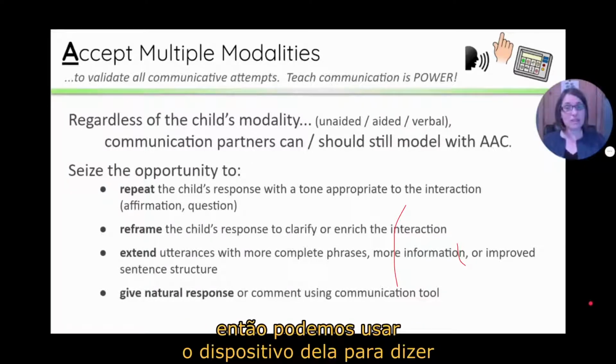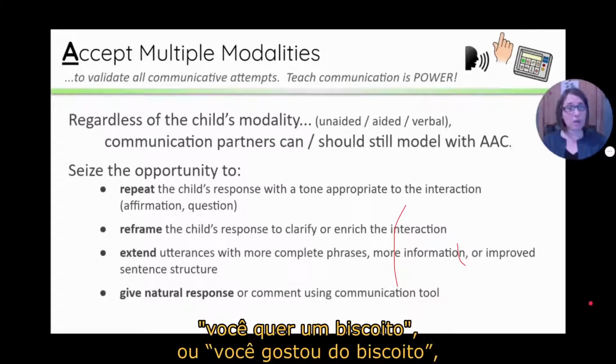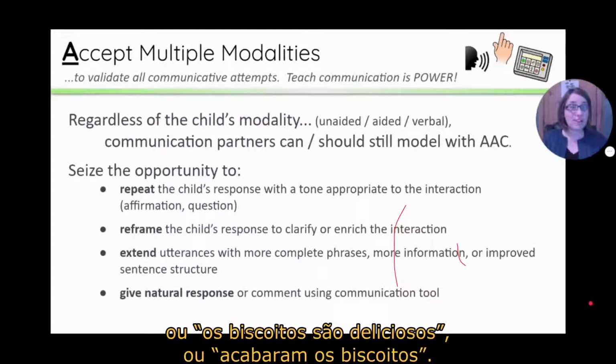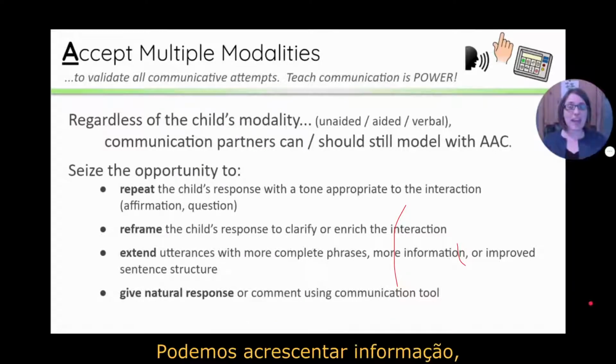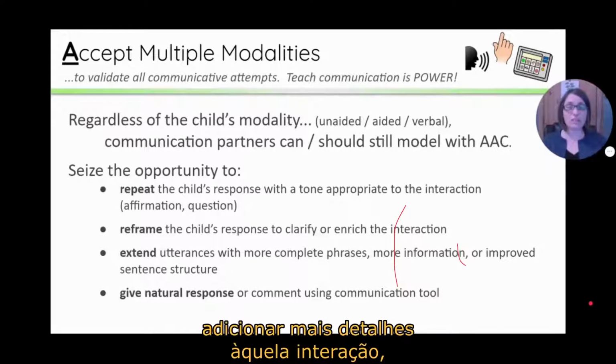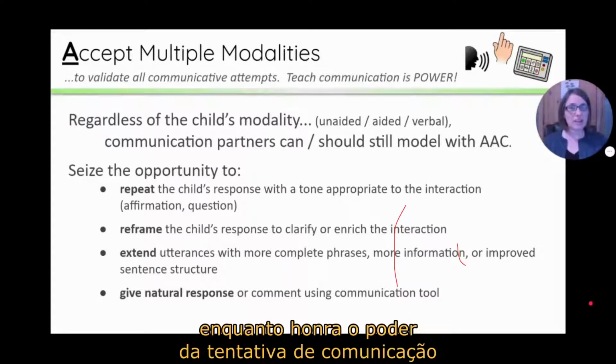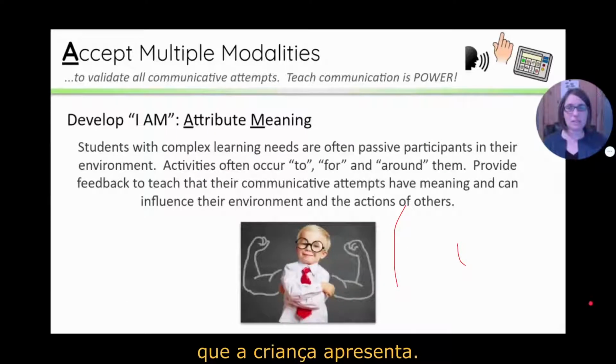And then we can use their device to say, oh, you want a cookie, or you like the cookie, or the cookies are yum, or the cookies are gone. So we can add information and really flesh out that interaction by seizing the opportunity to use AAC to respond while still honoring the power of the communicative attempt that the child expresses.